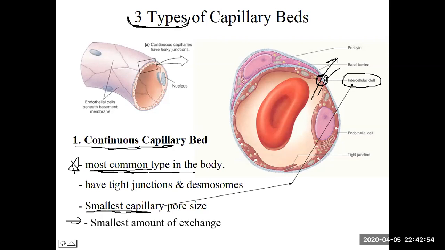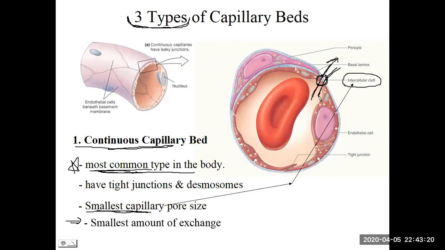And with this small size pore per cycle, so as fluid plasma passes through the capillaries in one cycle, if it has the small size pore, it has the smallest degree of exchange. Just only so much fluid could pass out and in per cycle through these small size pores.